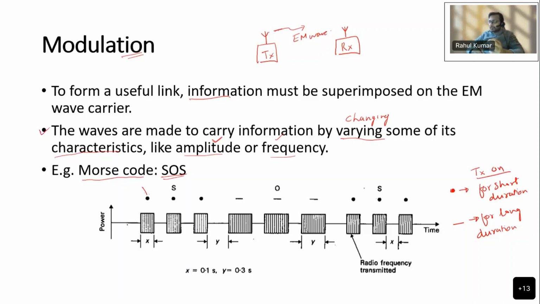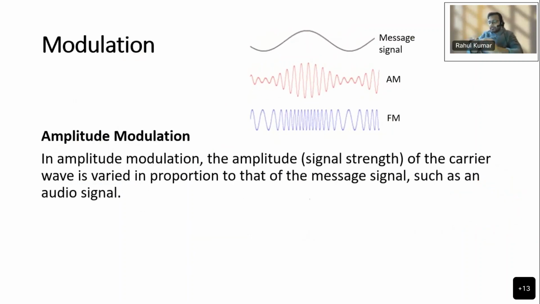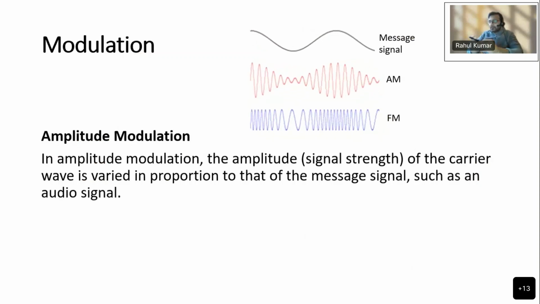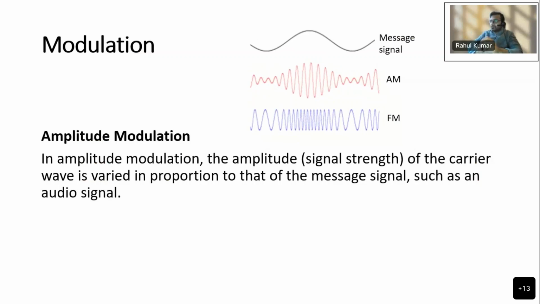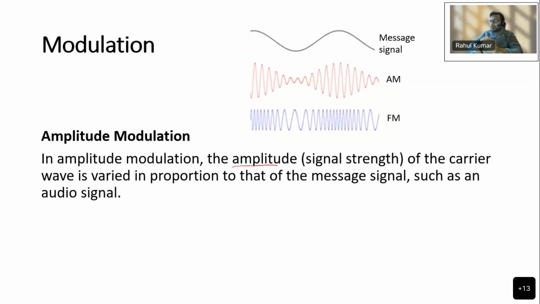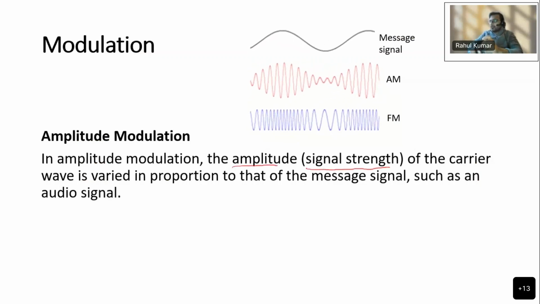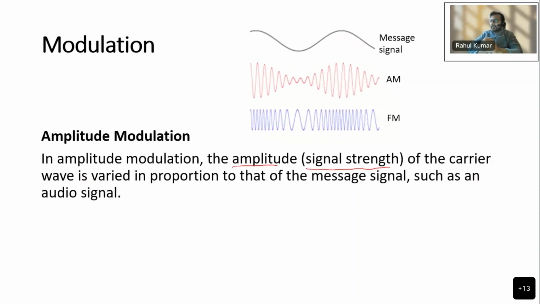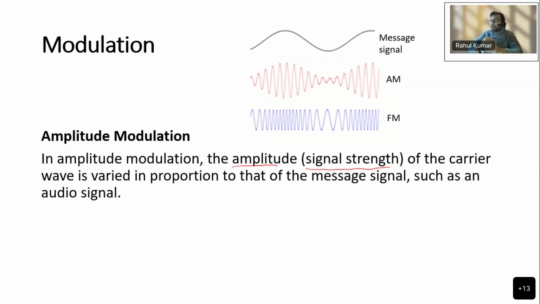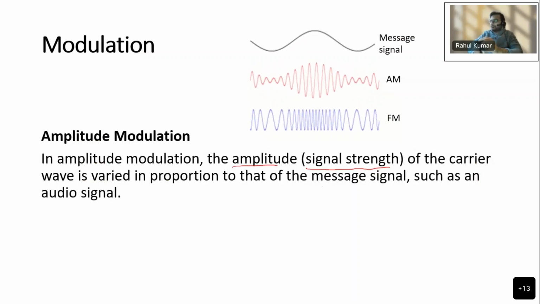Morse code is no longer used. In amplitude modulation, the amplitude or signal strength of the carrier wave is varied in proportion to that of the message signal.